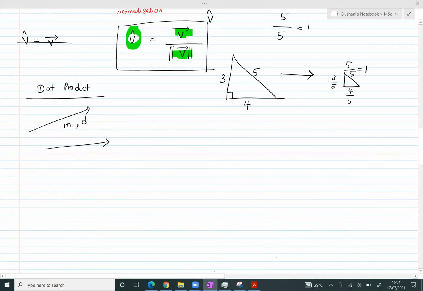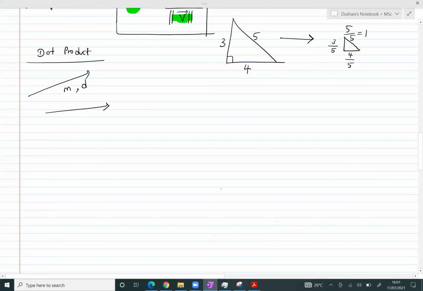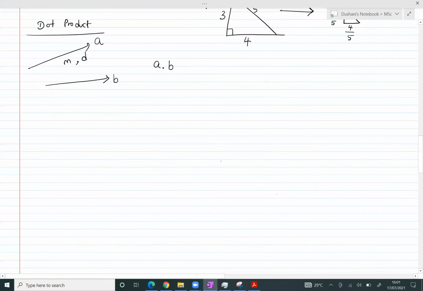Now they can be multiplied using a dot product, or we can multiply them using a cross product as well. We will discuss the cross product next. The dot product is written using a central dot, which is to say, if this is vector A and this is vector B, the multiplication between these two becomes A dot B.